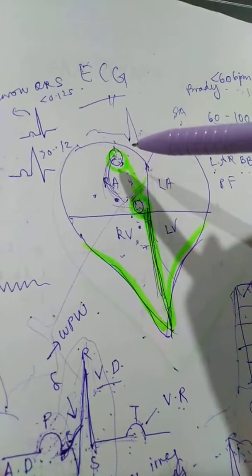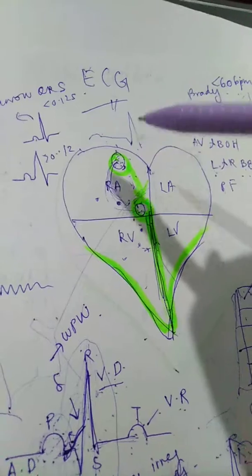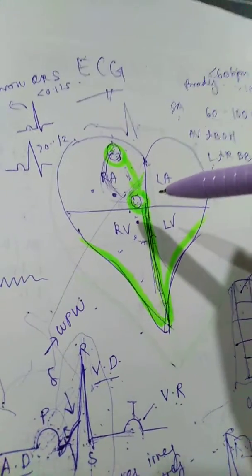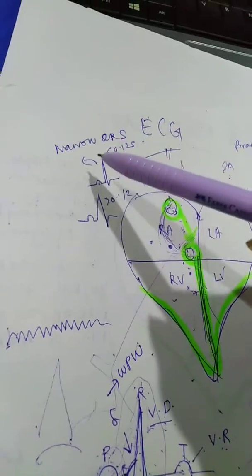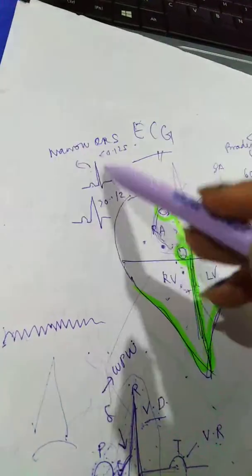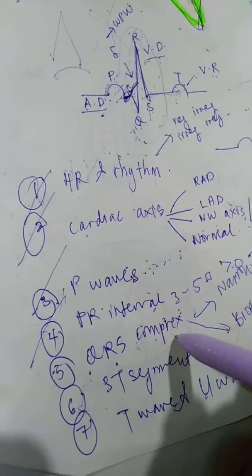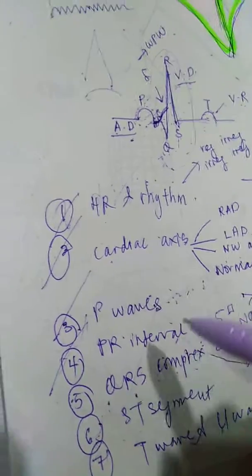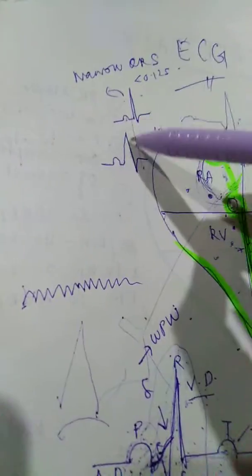By right, the impulse goes from the SA to the AV node and to the bundle of His, but instead of going to the bundle of His, it probably forms another ectopic beat somewhere around. This ectopic beat sometimes results from scarred myocardium, or cardiac muscle, so this will form another accessory pathway which delays the ventricular contraction.